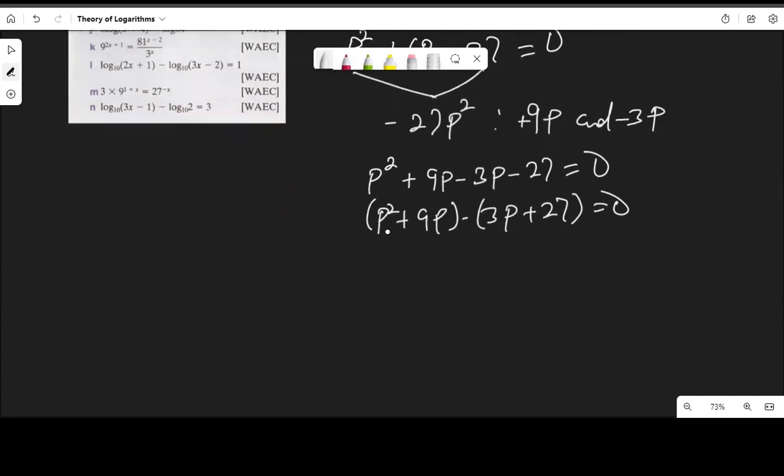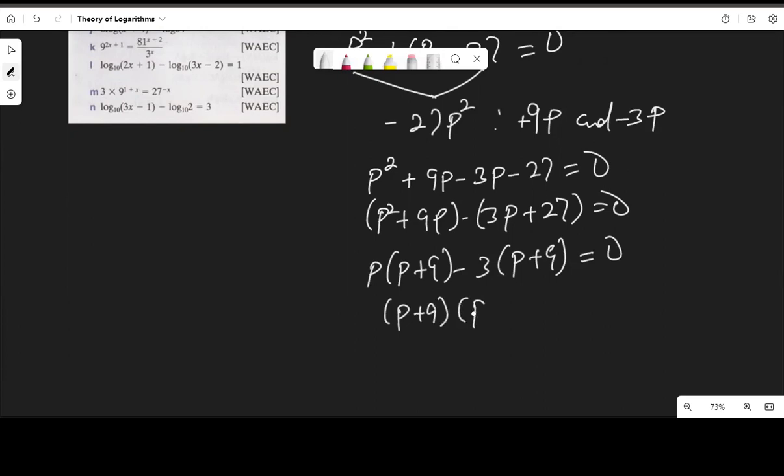We can factor the common factor, p is common here. P into p plus 9, minus 3 into p plus 9 equal to 0. P plus 9 is common. That means p plus 9 is equal to 0, or p minus 3 equal to 0.